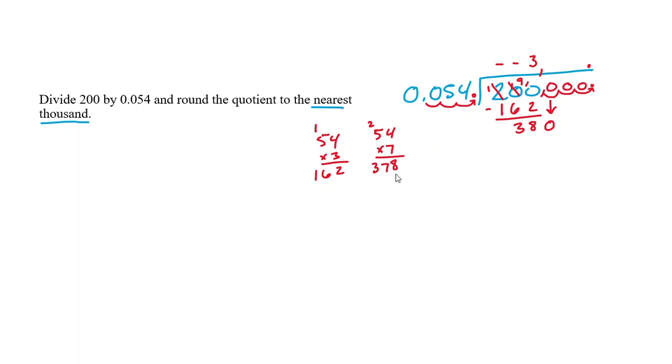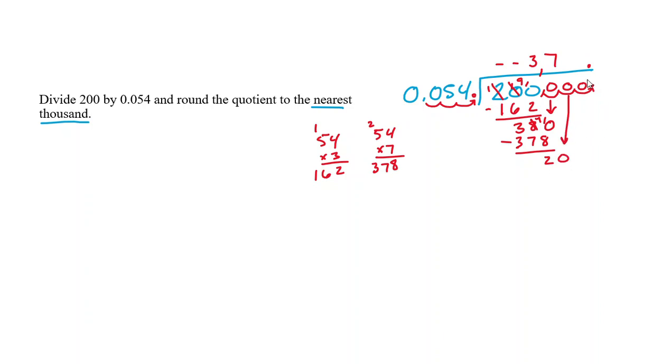So looky there. 7 times 54 is 378, which is almost 380, but just not quite. So when I do my subtraction, borrow from the 8, make it a 7, add a 1, 2, everything else cancels. So 54 goes into 380 7 times with 2 left over, and we can now move down the next 0 if we want to.